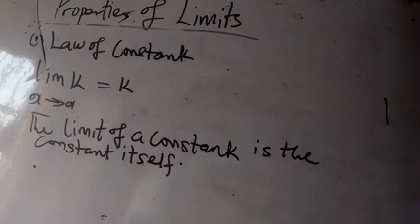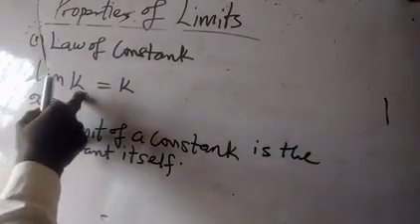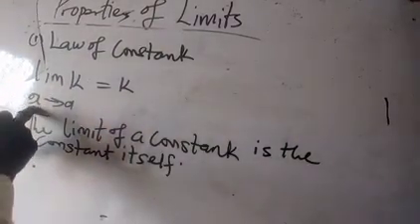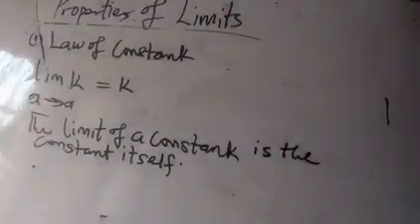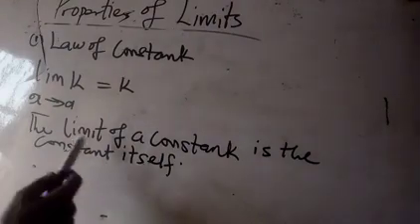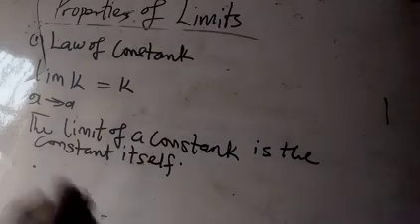The law of constants is as shown: what is the limit of k as x gets to a? It is k itself. That is, the limit of a constant is the constant itself. Let's have this as a sample.